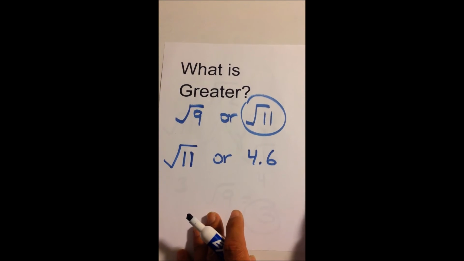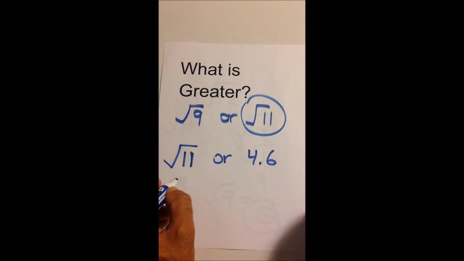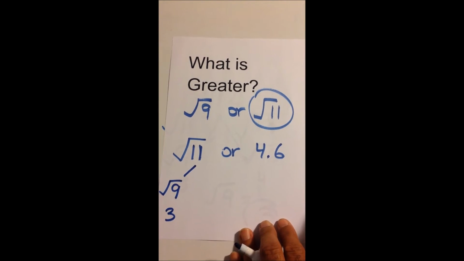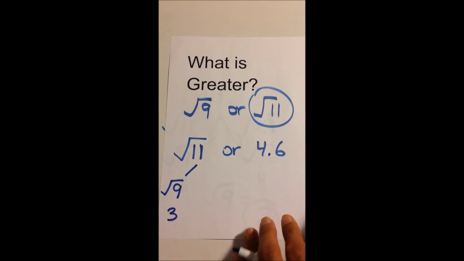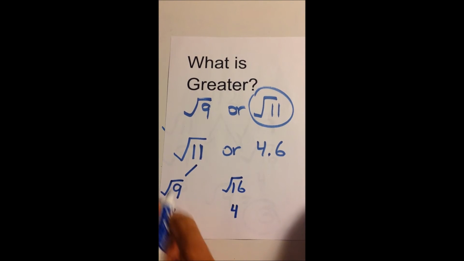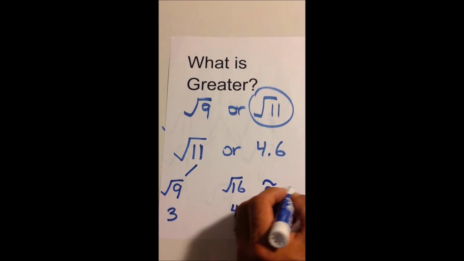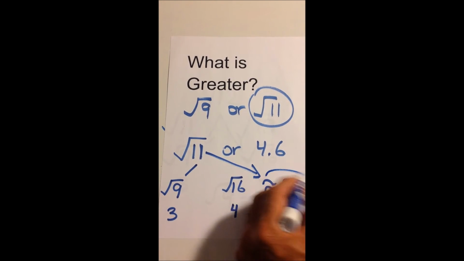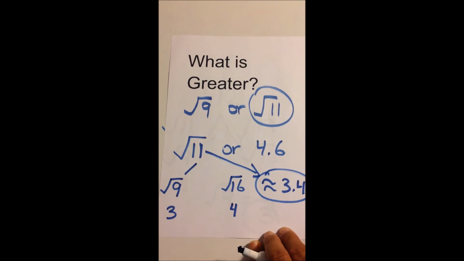Well, the square root of 11 is between the square root of 9, which is 3, and the square root of 16, which is 4. And it's much closer to the square root of 9. So the square root of 11 is probably approximately 3.4. So we know 4.6 is much greater. Let's do a few more.